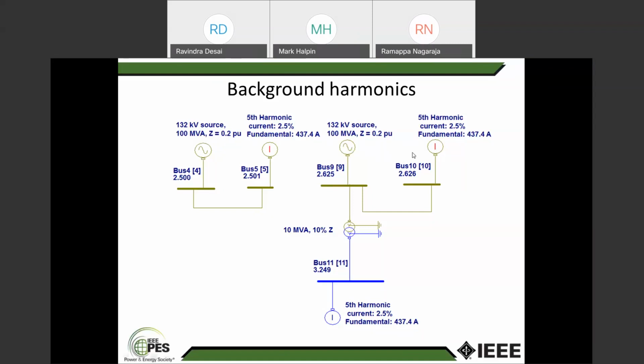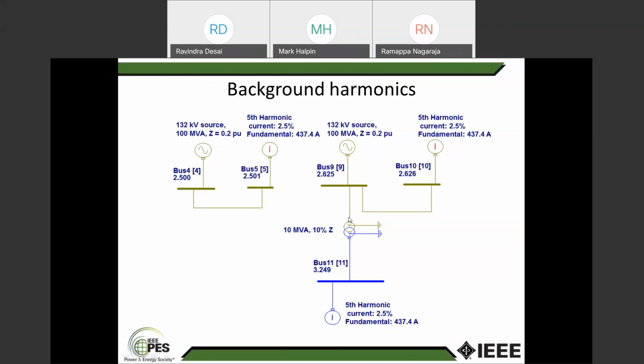Now, with this background harmonic current, assume that the consumer is getting connected. Assume that there is a 10 MVA, 10% impedance transformer is getting connected with the fifth harmonic current of about 2.5% on the fundamental 437.4 ampere. What it means is, this is going to increase. This current may be still within the limit, but the voltage distortion is not within the limit.